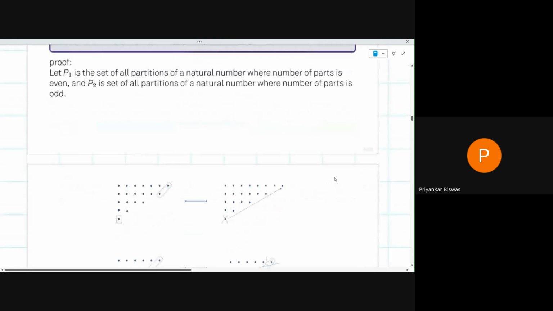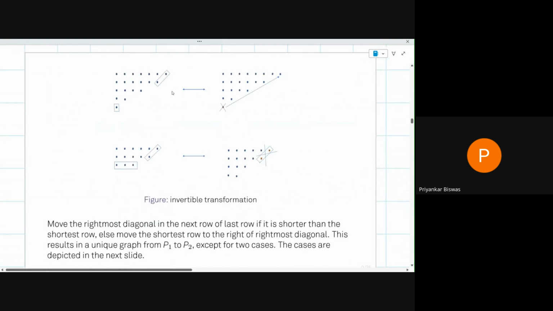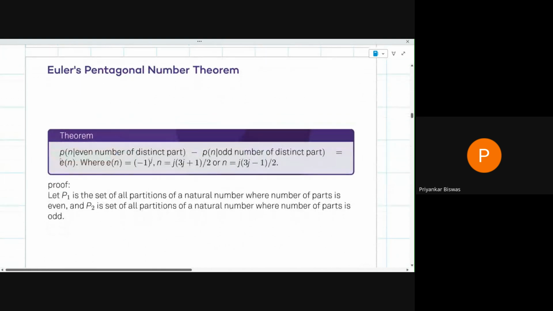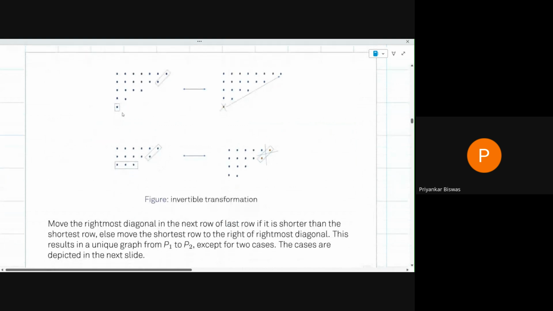The transformation is given any Ferrers graph of any type. Say P1 is the set of all partitions of this form and P2 is of this form. So say we are given any partition of the type P_i. Now consider the transformation: look at the rightmost diagonal.